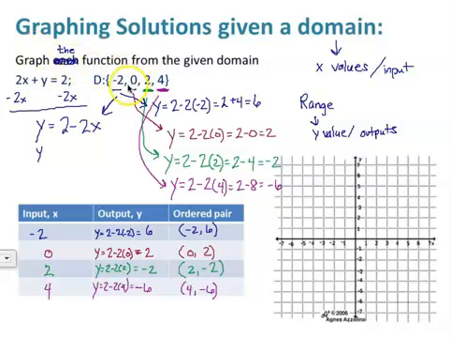So again, we're going to stop here because we were only given 4 different domain values, so we're going to have 4 corresponding y values. And now we can plot our ordered pairs. So the first one is at negative 2, 6.